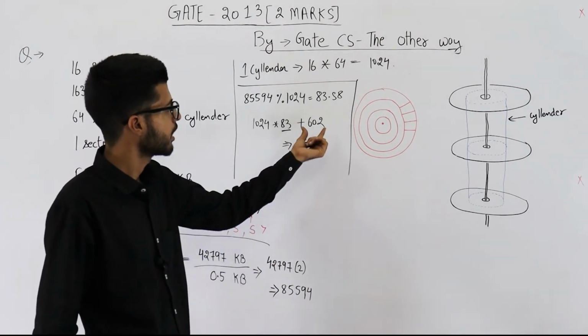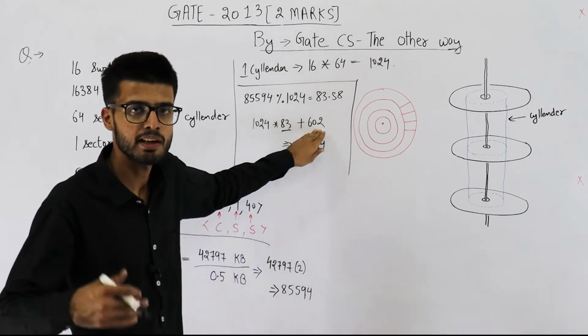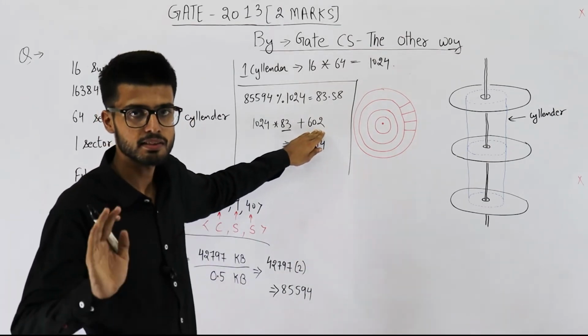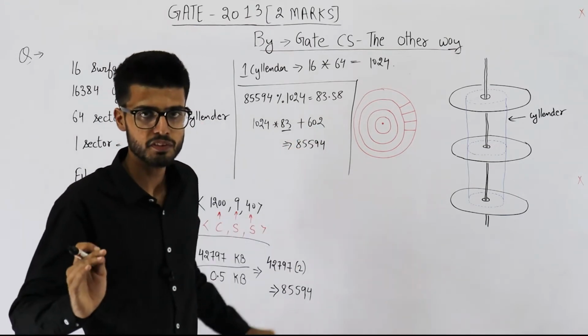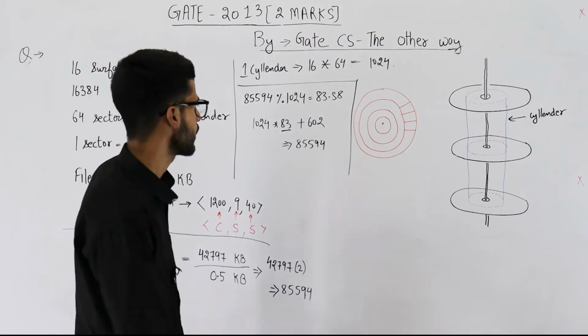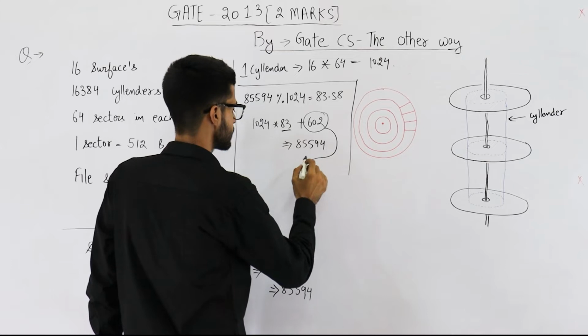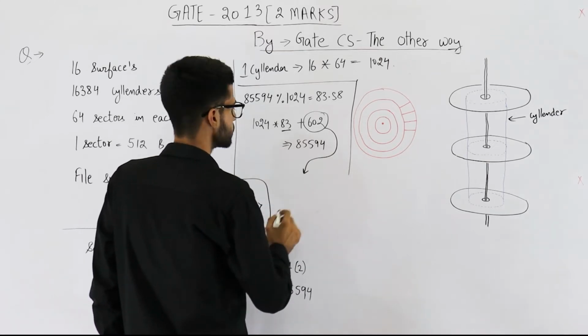Now let's see how many surfaces they will contain. This will not be able to fill an entire cylinder, but it will certainly fill some surfaces, because one surface contains only 64 sectors. Let's see how many surfaces this requires.